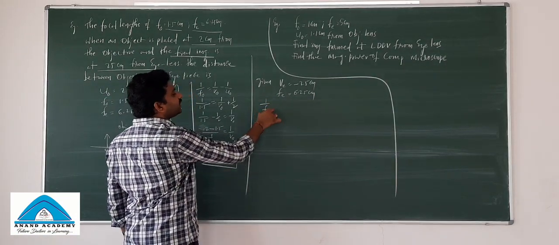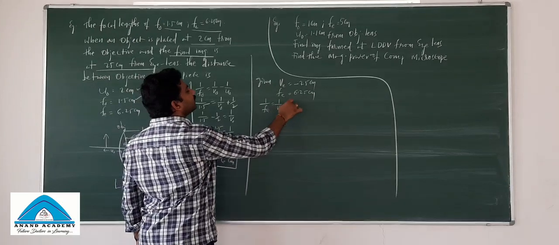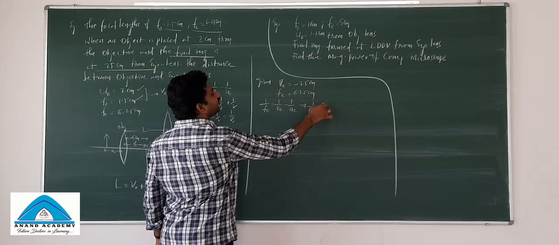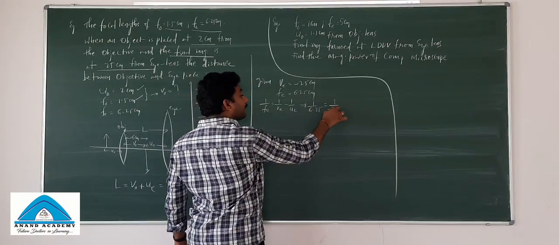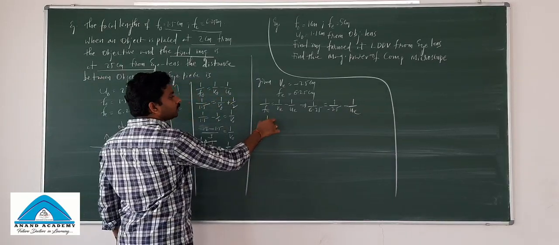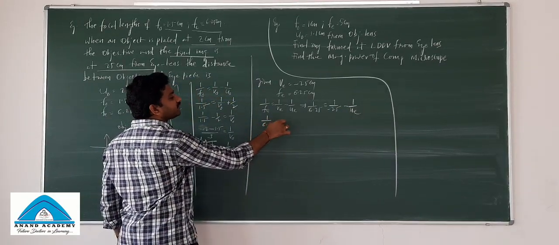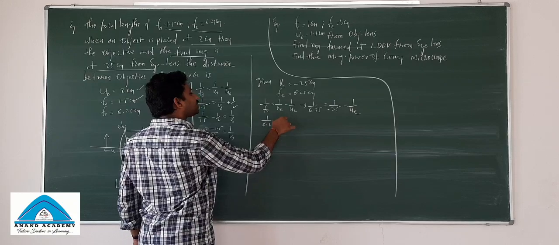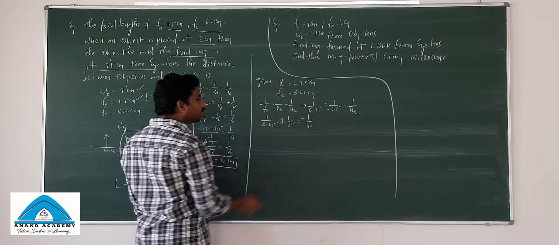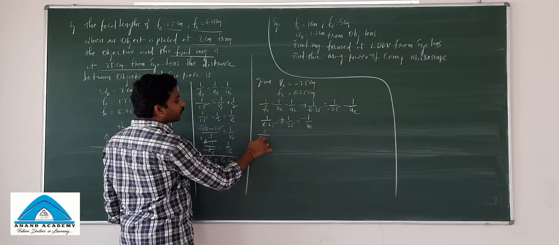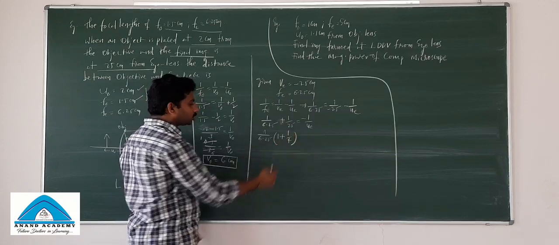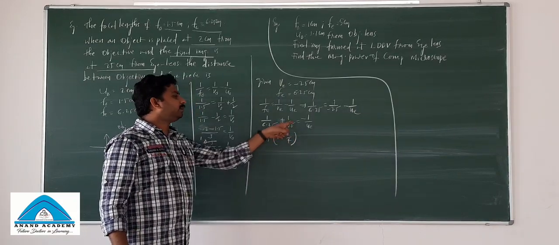1 by FE is equal to 1 by VE minus 1 by UE. 1 by 6.25 is equal to 1 by minus 25 minus 1 by UE. 1 by 6.25 is equal to, that's plus 1 by 25, minus 1 by UE. So 1 by 6.25 you can take common, it is 1 plus 1 by 4. 6.25 into 4 will be 25.